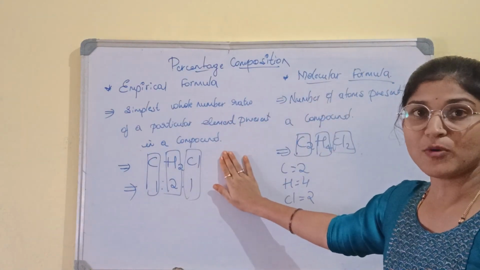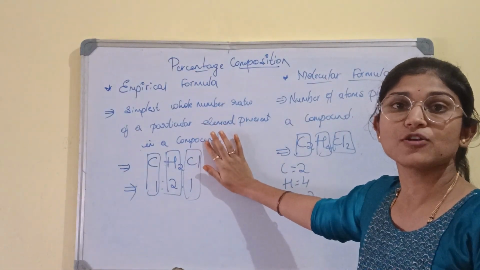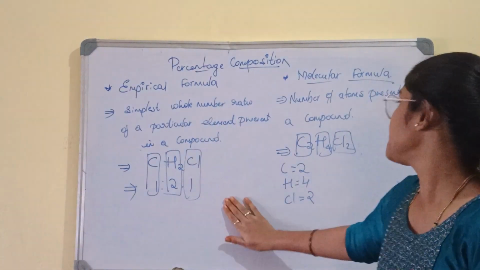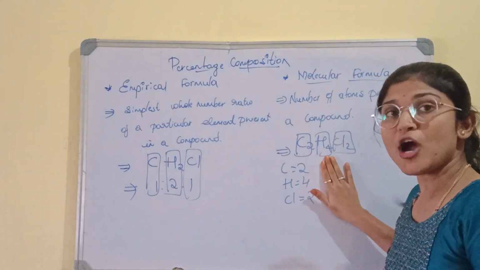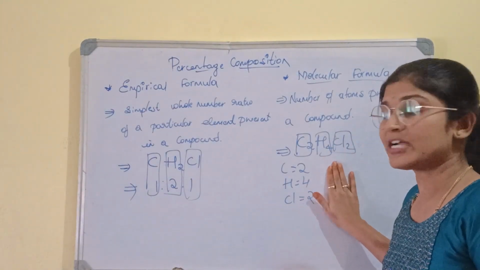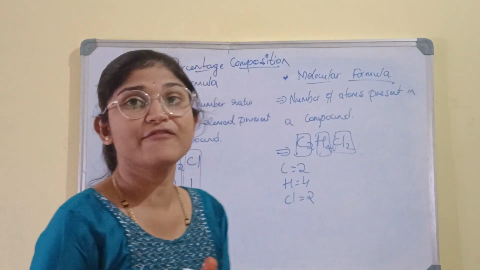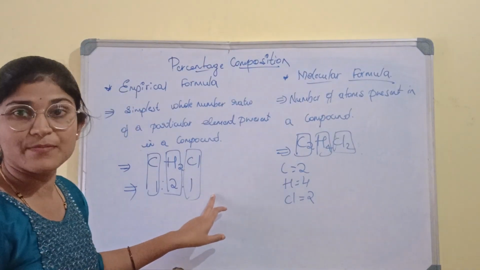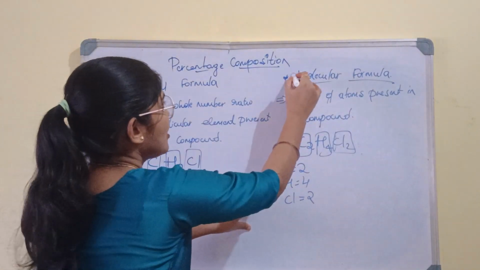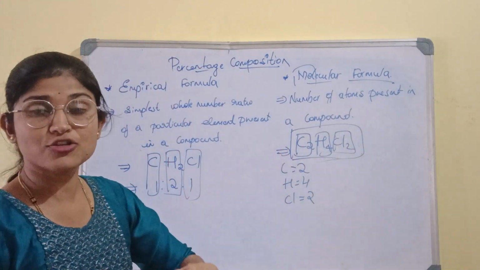In empirical formula we can find the whole number ratio of a particular atom in a compound. In molecular formula we can find the ratio as well as the number of atoms, but in empirical formula we can't find the number of atoms present in a compound.